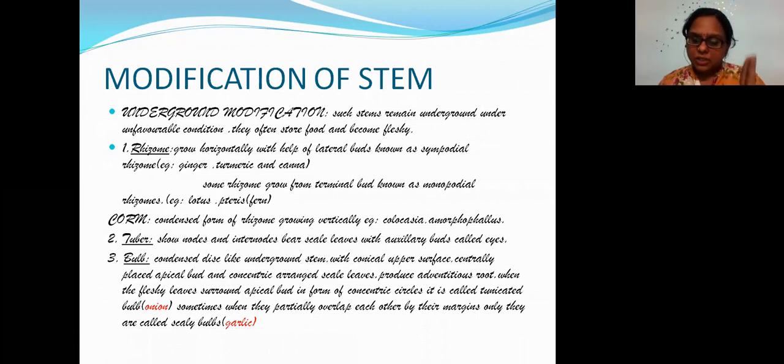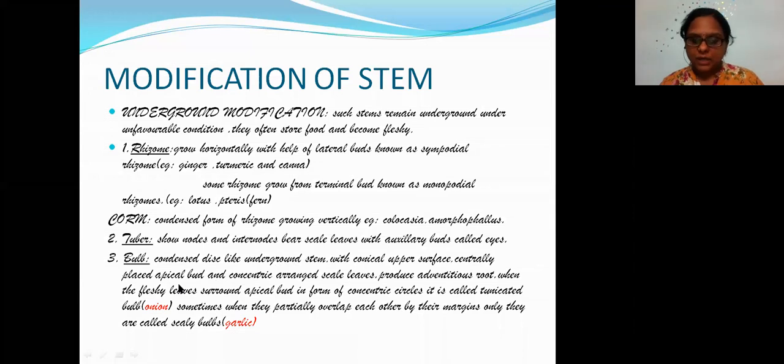Whenever you see bulbs you have onions and garlic in mind, but now remember that onion is a type of tunicated bulb, and garlic is an example of the scaly bulb. Another thing to keep in mind is the apical bud, the name of the bud.